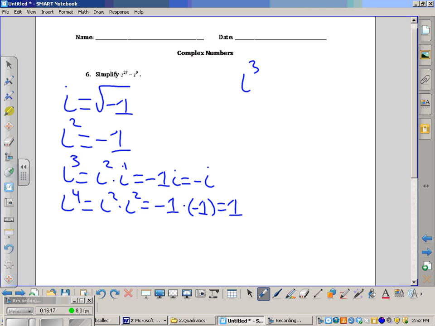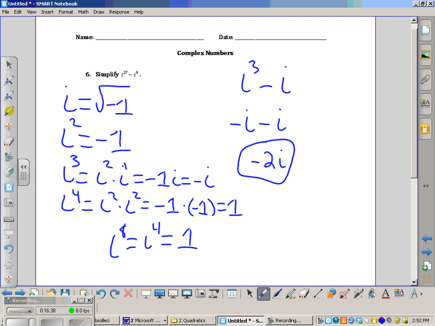So i to the eighth is equal to i to the fourth, which equals 1. So i to the ninth is 1 after that. Well, that's just going to be i. So that's minus i, so i cubed is negative i. And believe me, we will be practicing this in class because I know this is tough. The answer to this one is negative 2i.